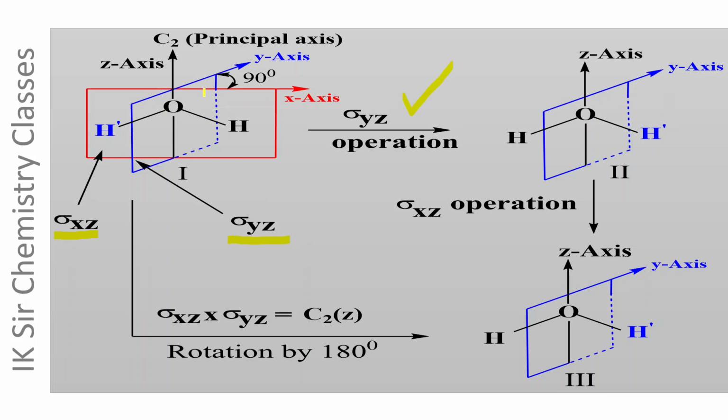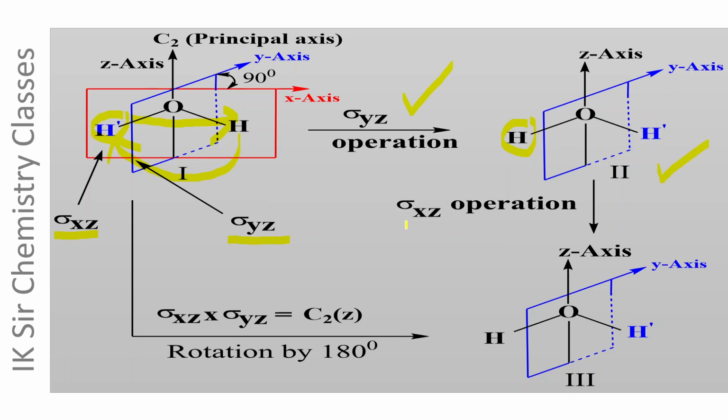It means the H2O molecule is reflected through this plane. As a result, the image of this black colored H atom will be formed here, and the blue colored H' atom will move to this position and we get orientation number 2.